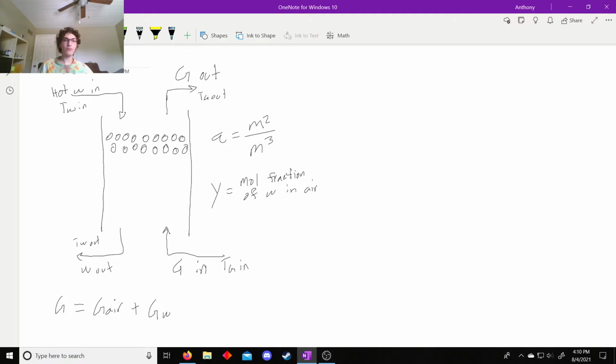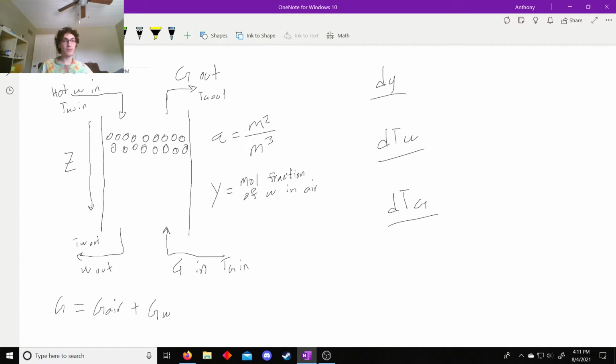And now that we have this set up, the actual values that we're looking for is we want to know the change in mole fraction of water, the change in the temperature of the water, and the change in the temperature of G. And we will define this direction here as positive z.